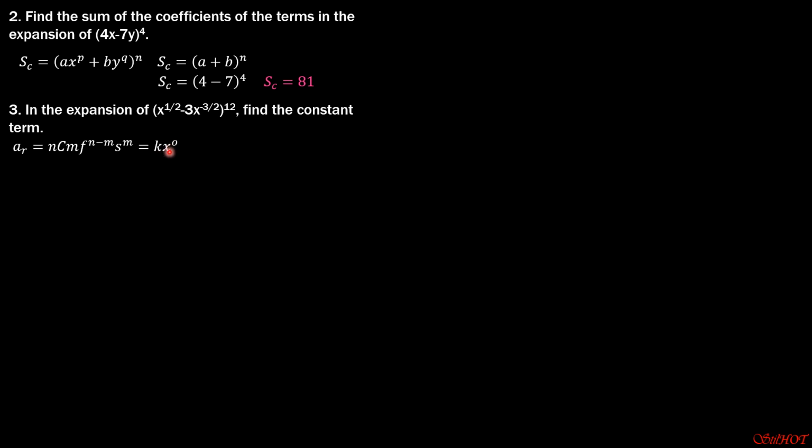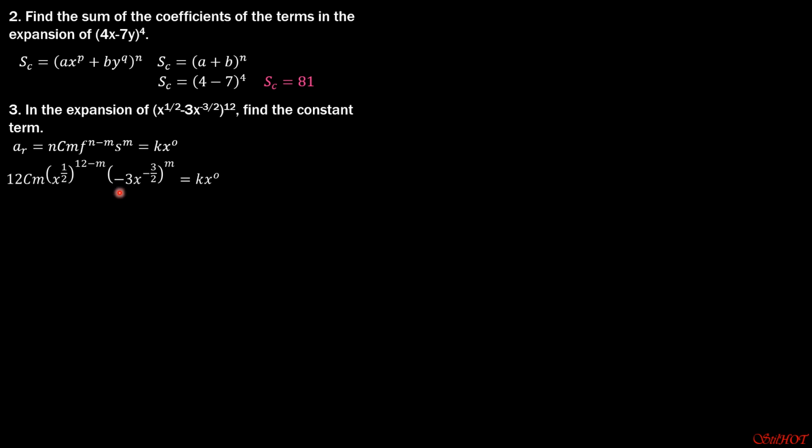X to the 0 is of course 1, except when x is 0, but there is a value of x definitely. So we have 12 C m, x to the 1/2 raised to 12 minus m, negative 3x to the negative 3/2 raised to m equals kx to the 0.